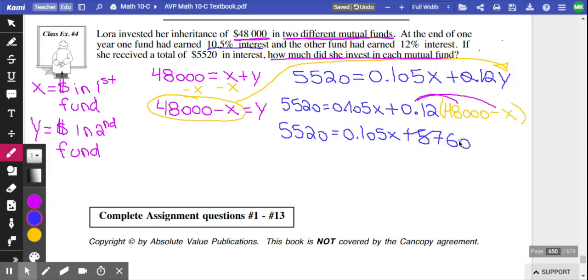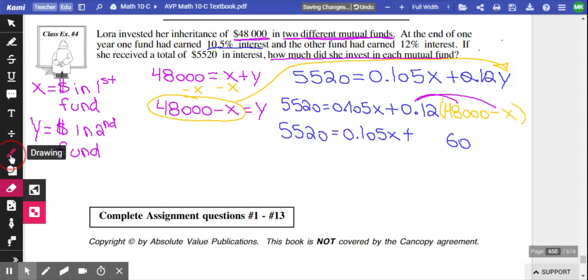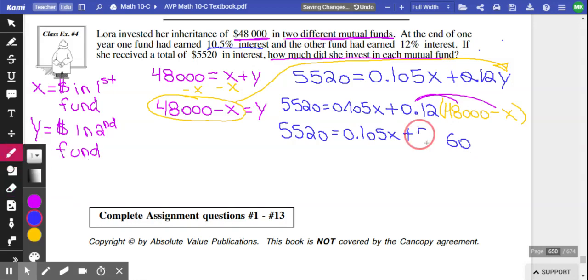You've also had to multiply the 0.12 times your x. There is a number in front of the x that you would multiply by. What's that invisible number in front of the x? Okay, it's a 1. So that means you're going 0.12 times 1. It gives you negative 0.12.